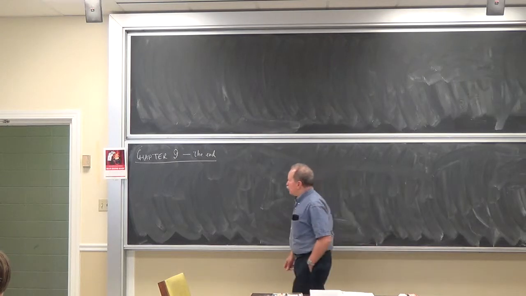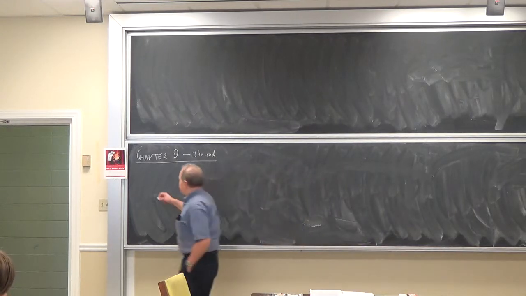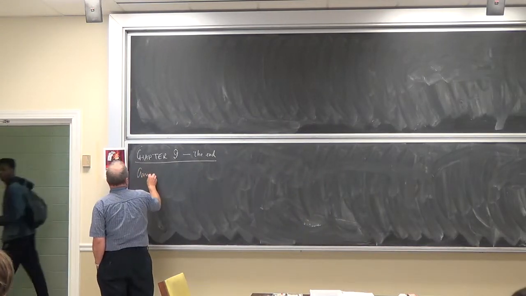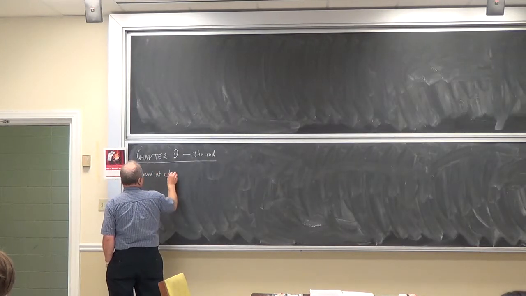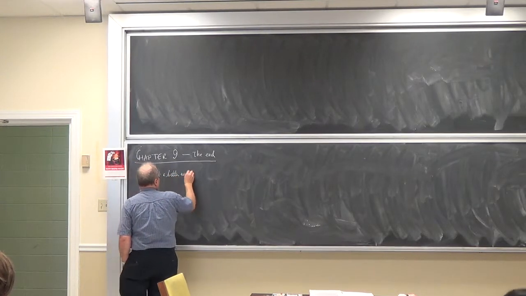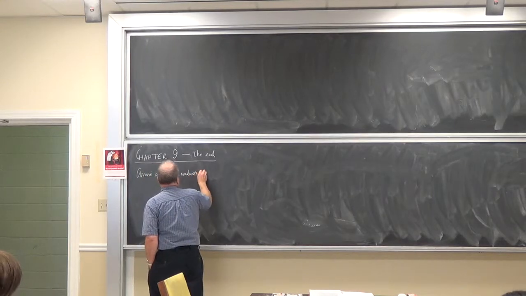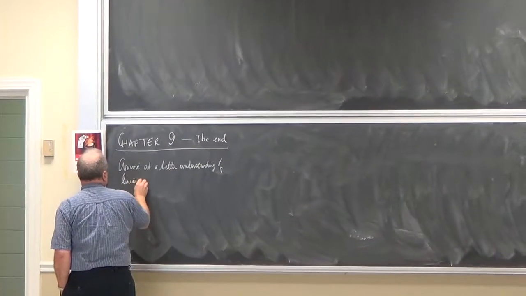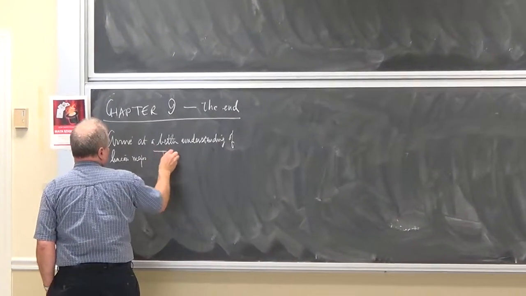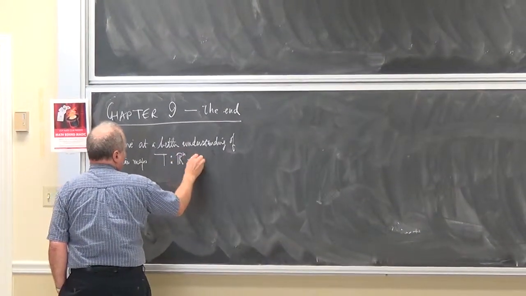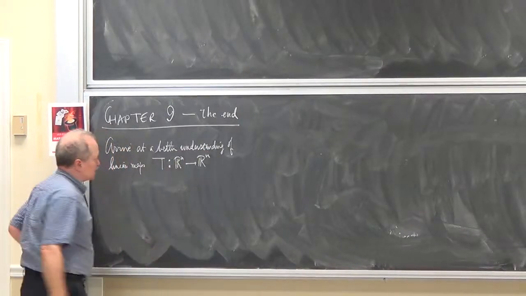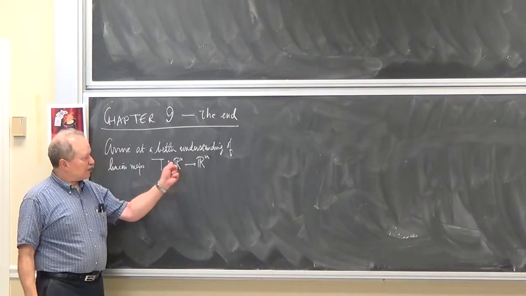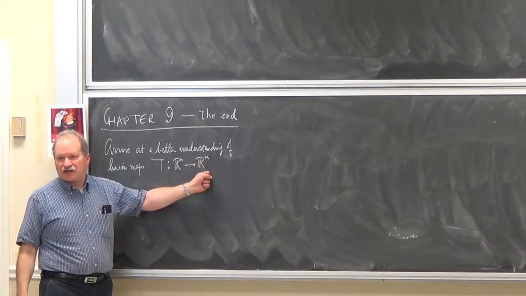So what we want to do here is basically arrive at a better understanding of linear maps, and for reasons of expedience at this point, we're going to study for the rest of the course just linear maps from Rn to Rn, or square matrices.